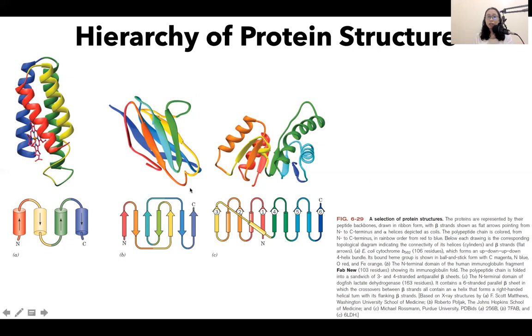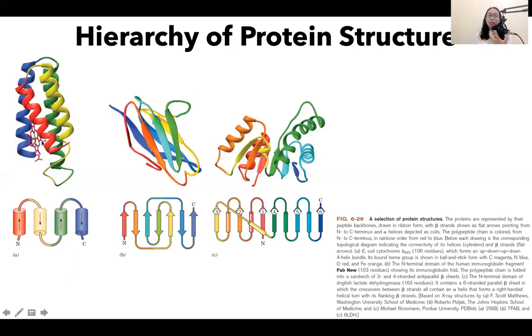So we see here several representations. These are combinations of your secondary structures. So here in letter A, this is cytochrome B from E. coli. This is composed of 106 residues. And we see that its secondary structure is primarily alpha helix.